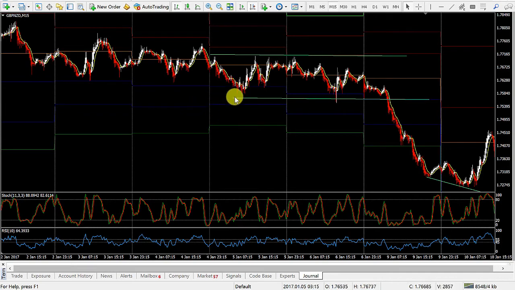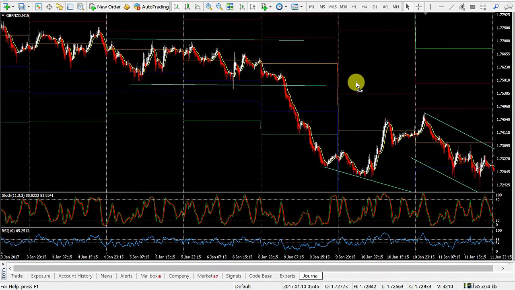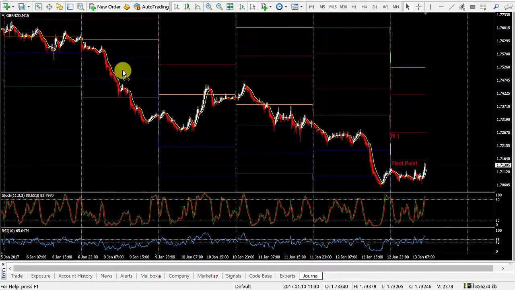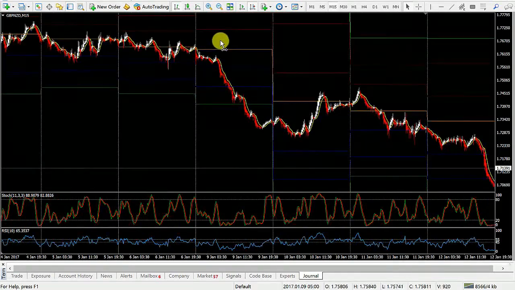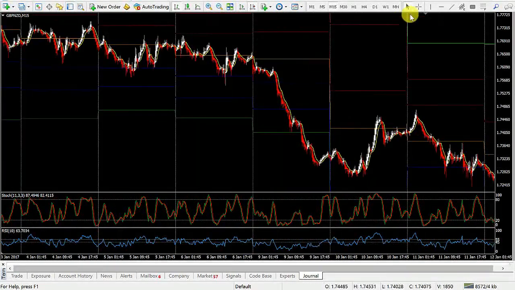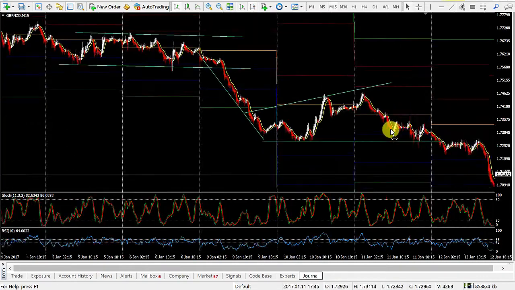And once we know in what kind of structure we are in, it will be much easier for us to trade price in a certain direction. And usually price does two things. Either we will first go into a channel, and then this channel will break out and go into another channel, for example.